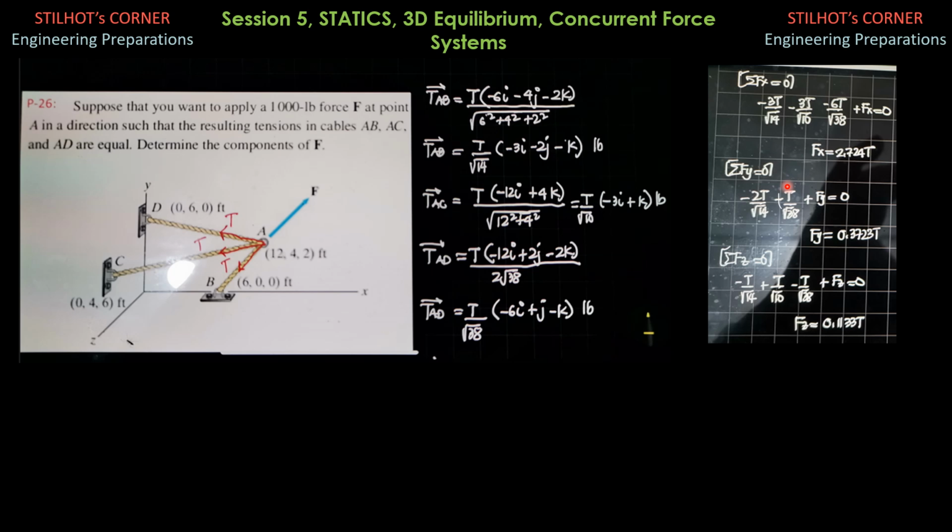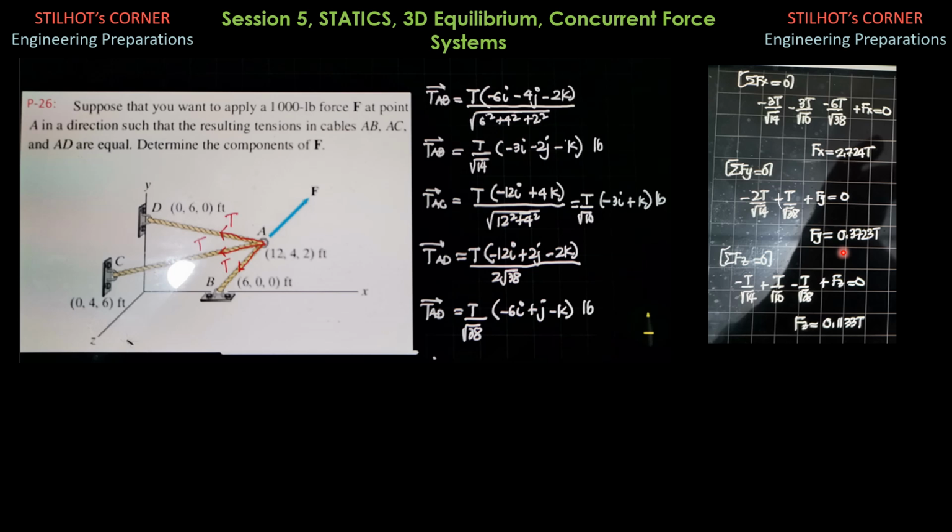Then plus Fy equals 0. So solving for t, it is negative 2 over square root of 14. So 2 over square root of 14.